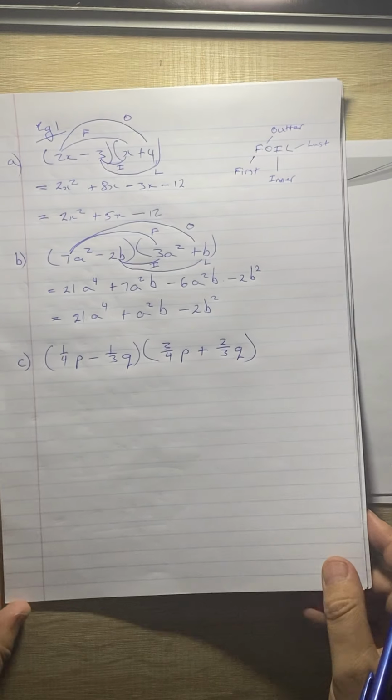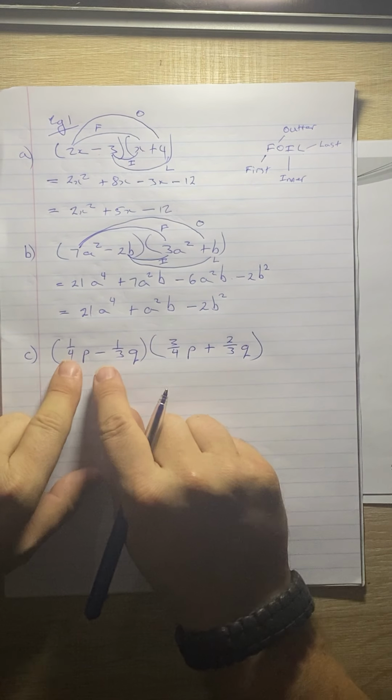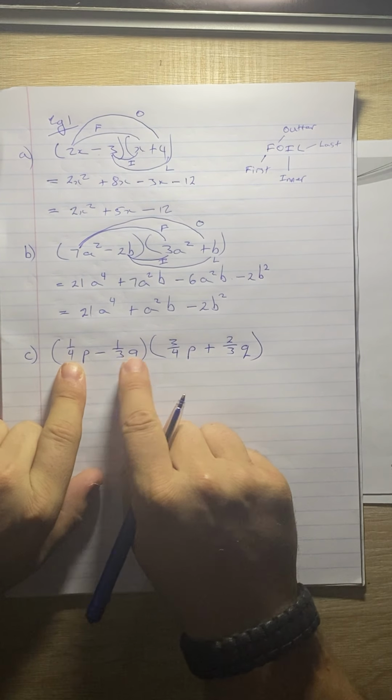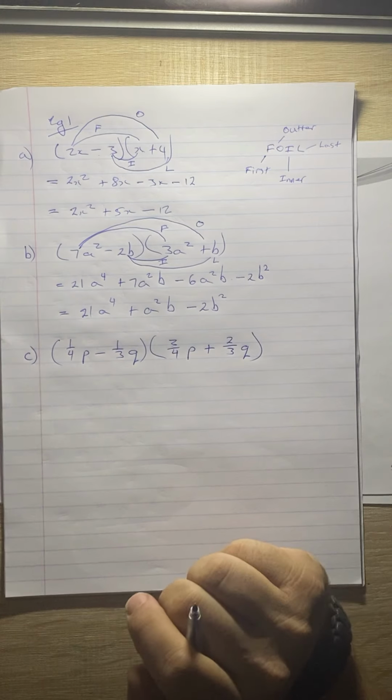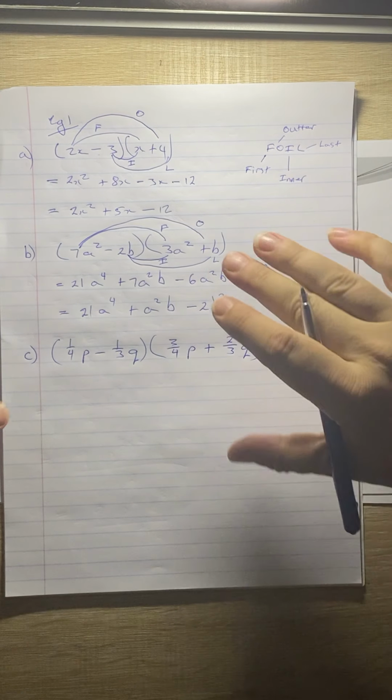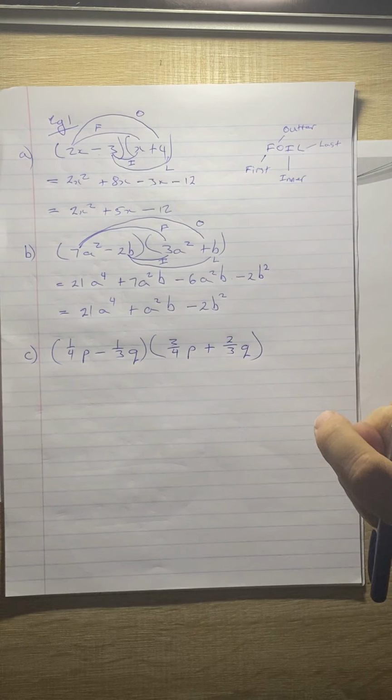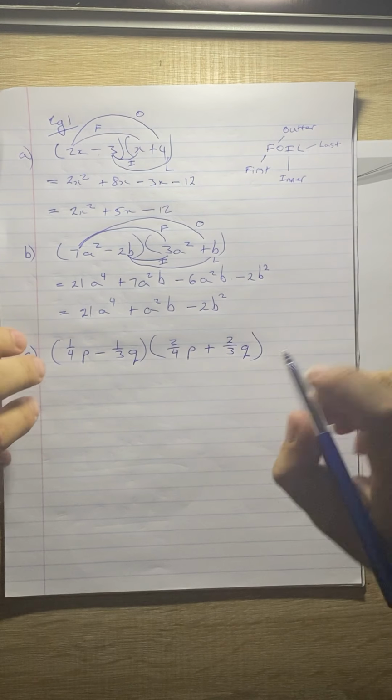Okay, so there it is there. Now, binomial with a binomial, we have a two-term bracket multiplied by a two-term bracket. So we're going to use FOIL. Now, don't worry that there's fractions here. We're going to do it separately, okay?